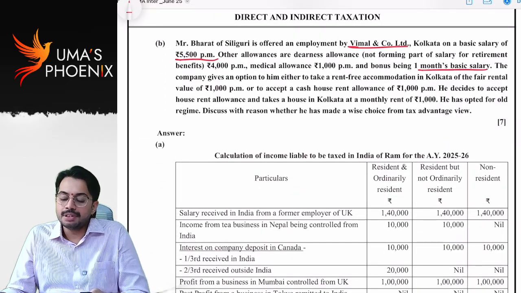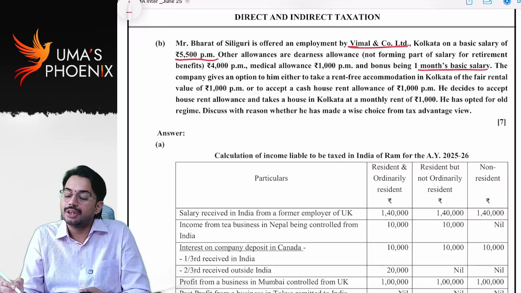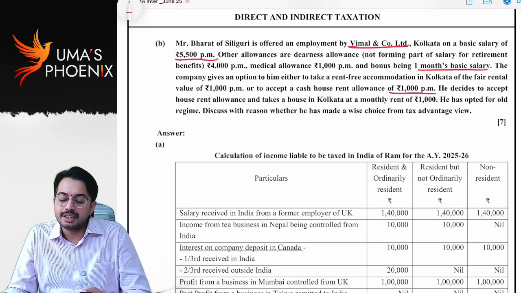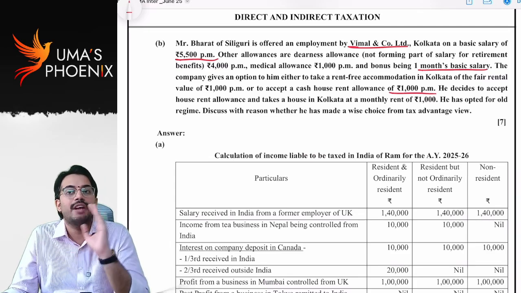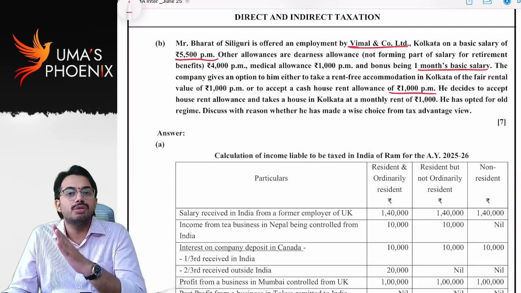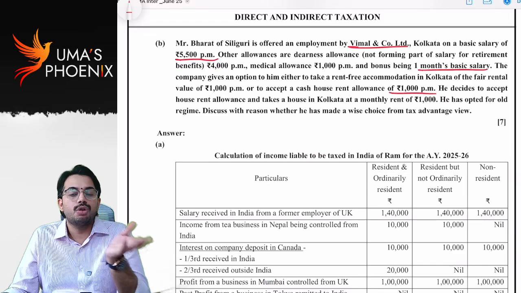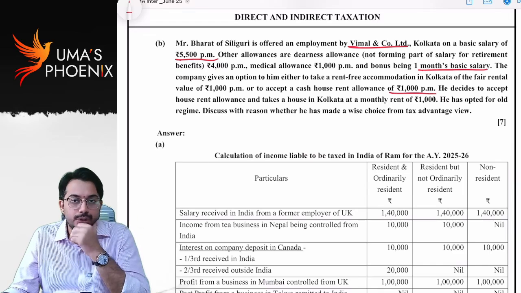The company gives him an option either to take rent-free accommodation in Kolkata of fair rent value 1,000 per month or to accept a cash house rent allowance of 1,000 per month. He decides to accept house rent allowance and take a house in Kolkata at a monthly rent of 1,000. See, two options: either rent-free accommodation or house rent allowance. Out of these two, we should choose one.